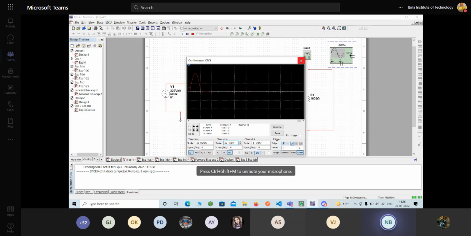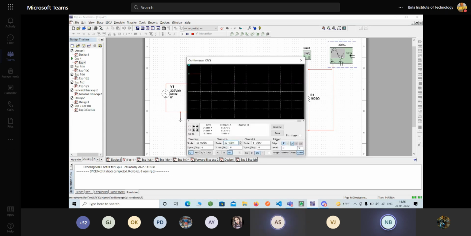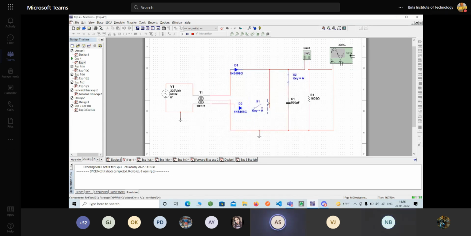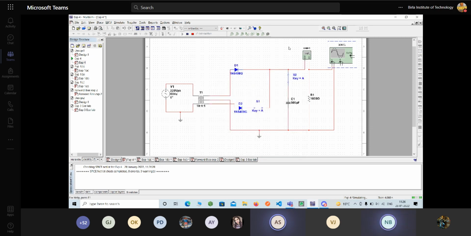Also you have done this for the full wave rectifier. You have to close that key, S1, below there, then you can get the full wave rectifier. Just a minute. The full wave is not coming properly, so you can open this key, S2.